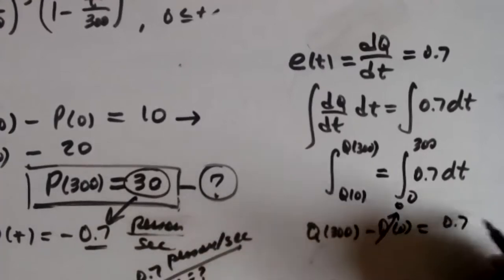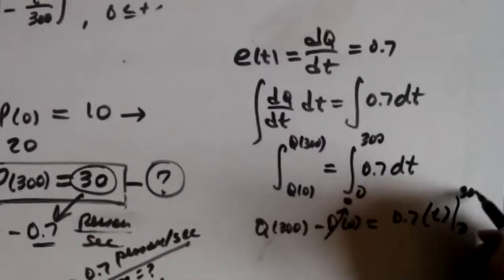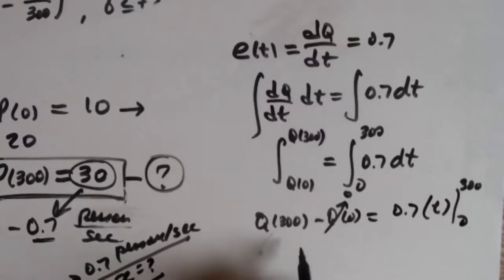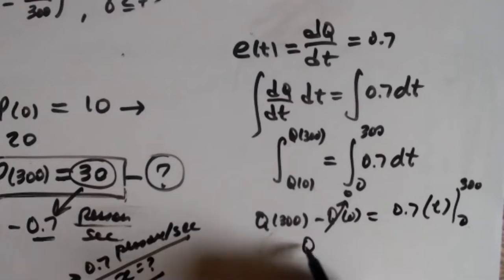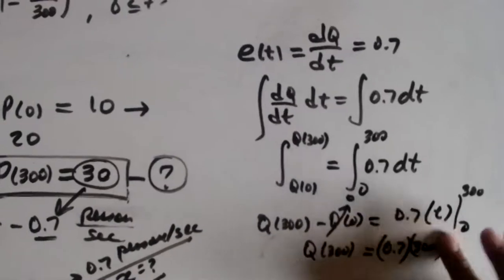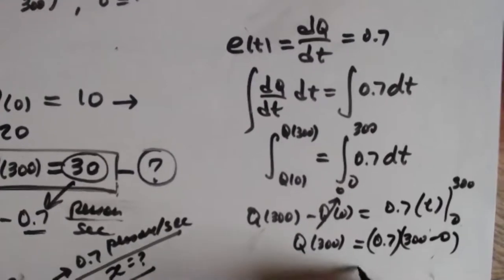This is 0.7 t from 0 to 300, correct? So Q of 300, the number of people that entered, was 0.7 times 300 minus 0. Let me just put it complete. 300 minus 0, and that equals what? 21, correct?